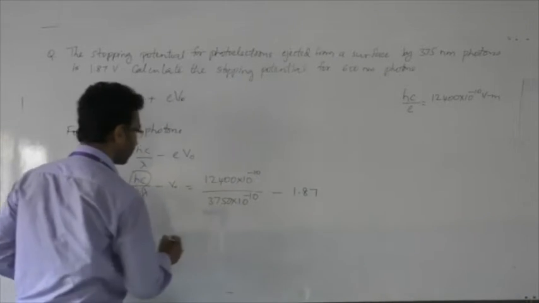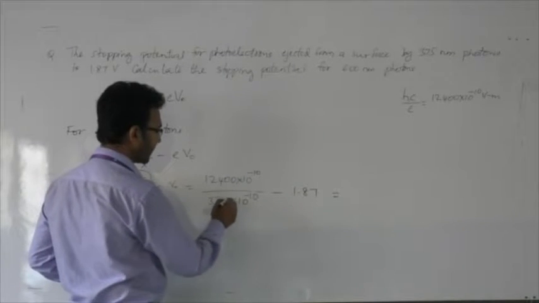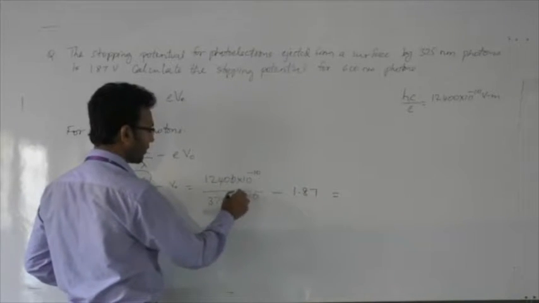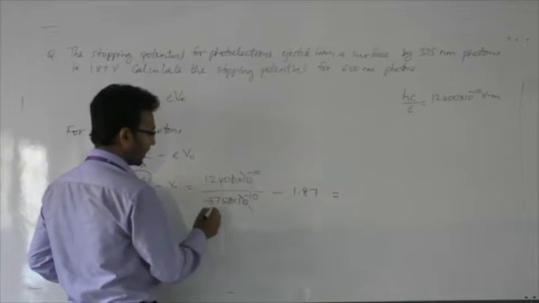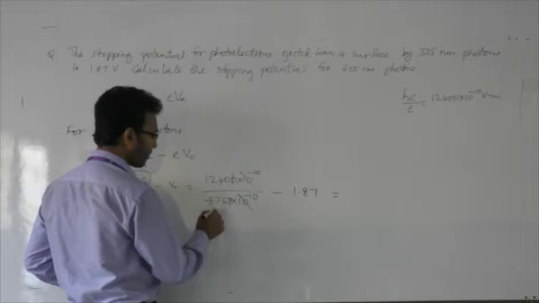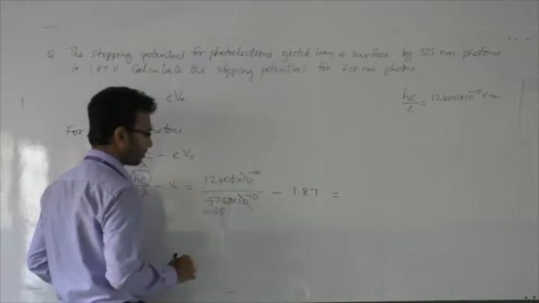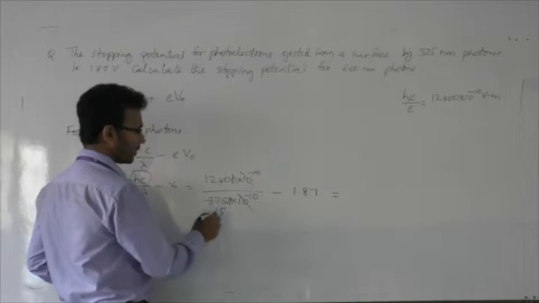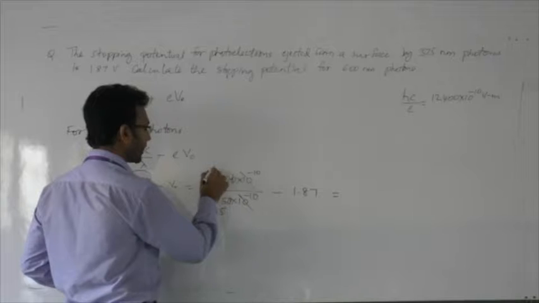So what is this value now? I can cancel the 10 power minus 10 terms. Then it is 12400 by 3750, which is approximately 25 by 7.5.